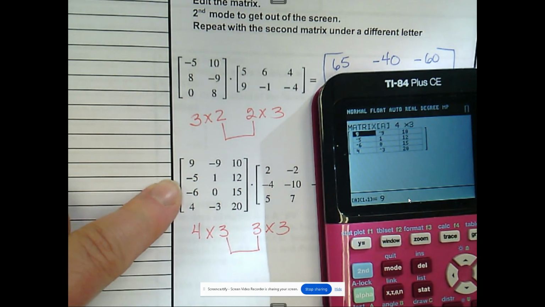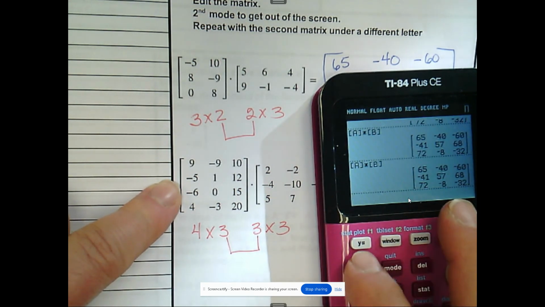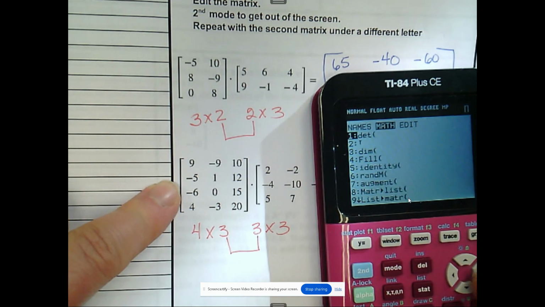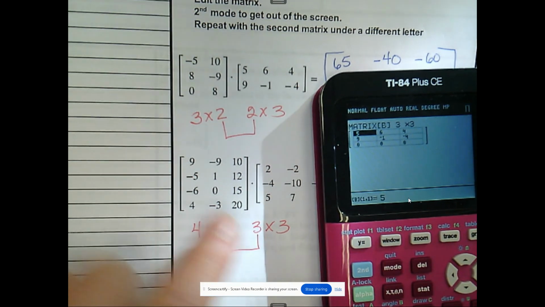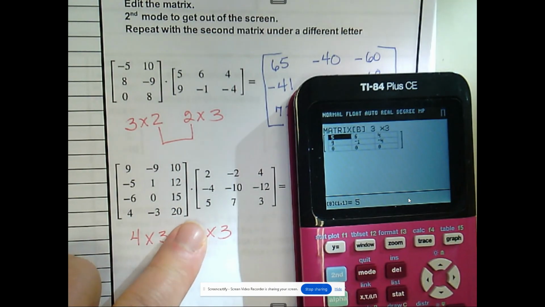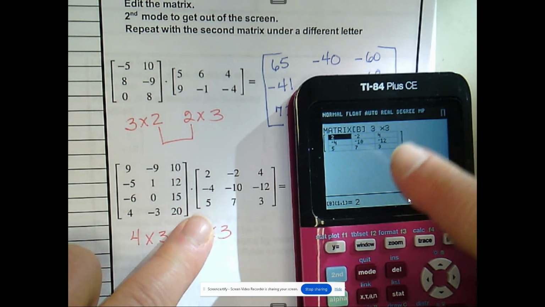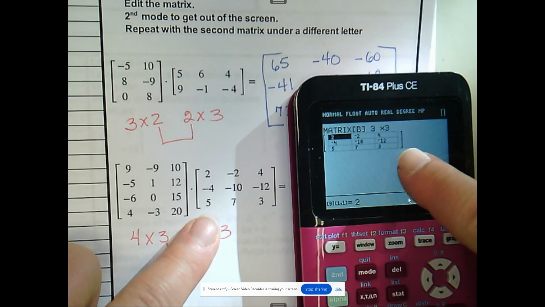Okay, there's my matrix A again. Second mode. Go back in, go over to edit, go down to B, and this time I want a 3 by 3. Okay, check and make sure you got it right.